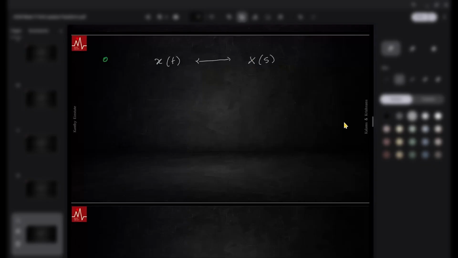Can anyone tell me, for the function t, the function is time itself, what does it transform to?